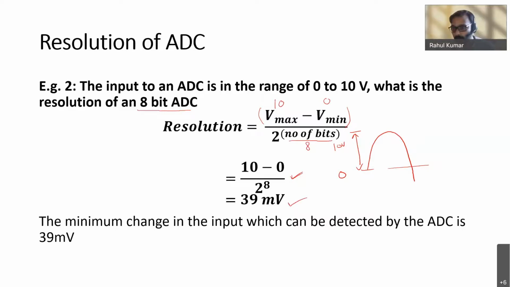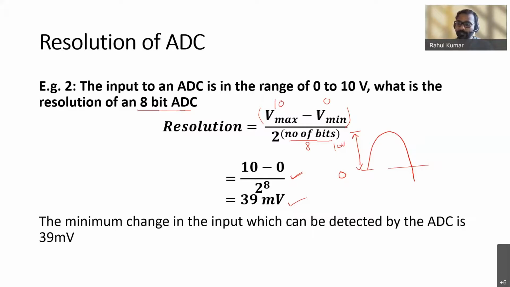So now what we can see is the minimum change in the input that can be detected by this 8-bit ADC is 39 millivolt.